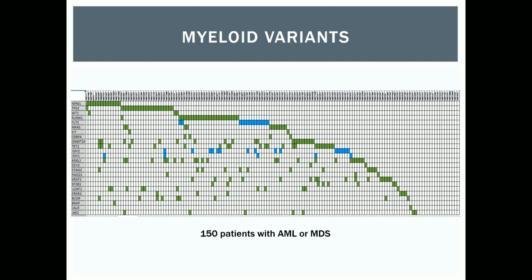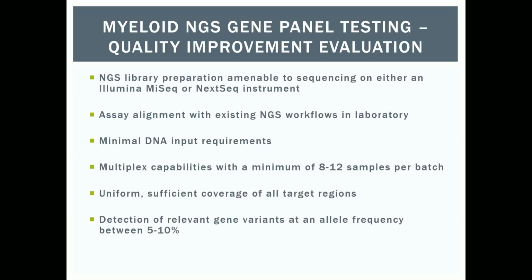As such, we sought to evaluate a second chemistry to compare analytical performance of the test with regards to some of these testing challenges. In evaluating commercially available kits, there were several criteria that we wanted to consider. First, the NGS library preparation step had to be amenable to sequencing on either the Illumina MiSeq or NextSeq instrument, as these were the instruments available for sequencing in our lab.